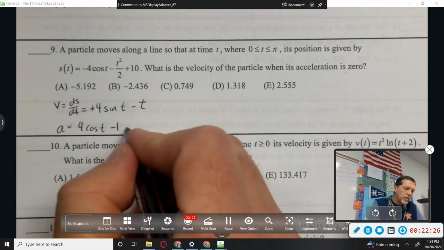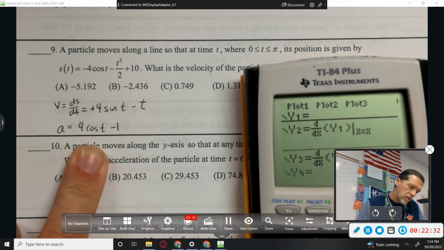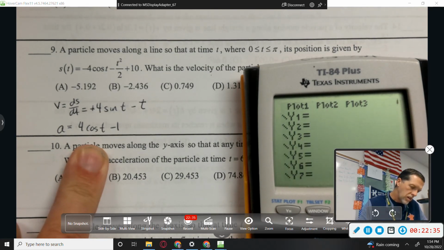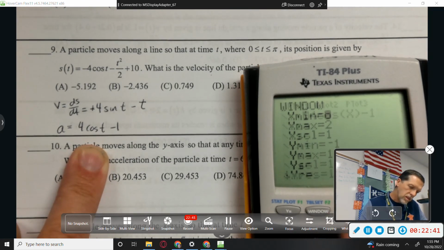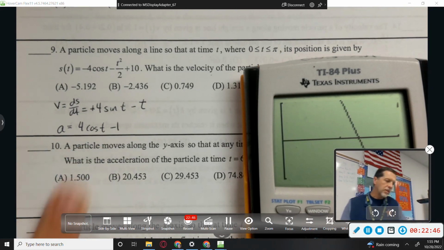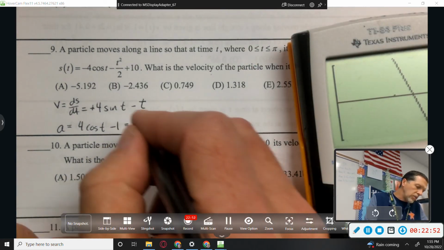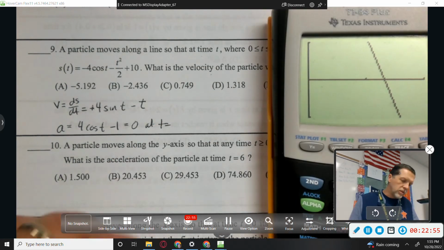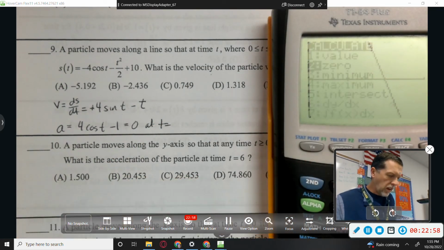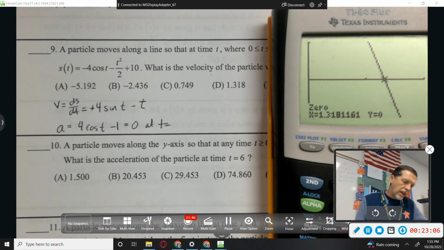So now I'll use the calculator to figure out where that happens. 4 cosine t minus 1. Although I wonder if my window is now not a good window. Oh, there we go. It worked out all right. So that equals 0 at t equals, second calc, zero, 1.318.